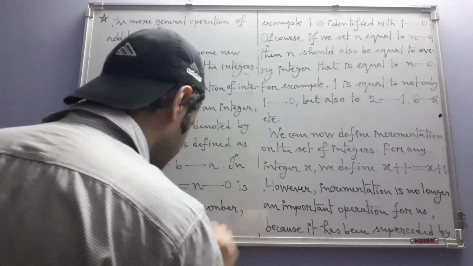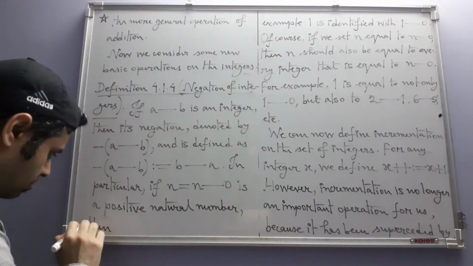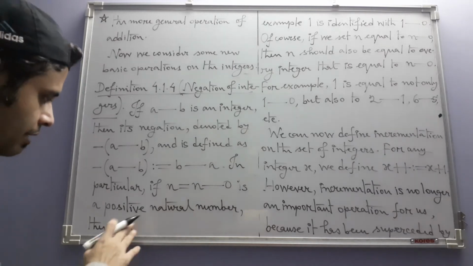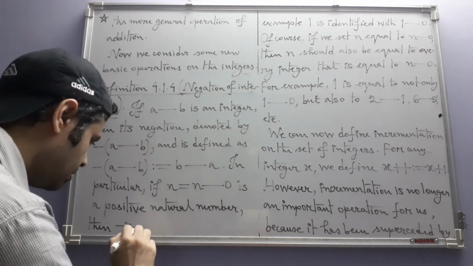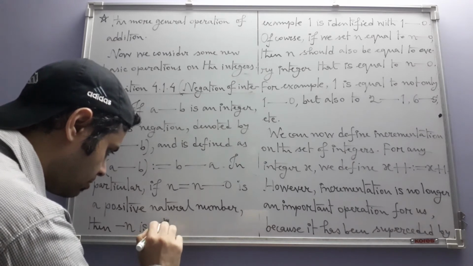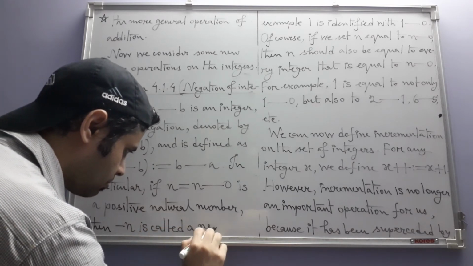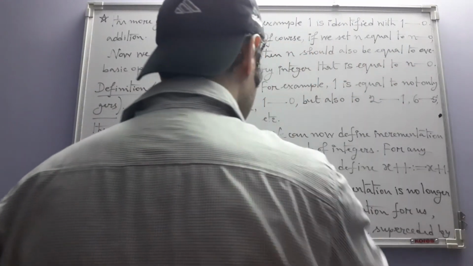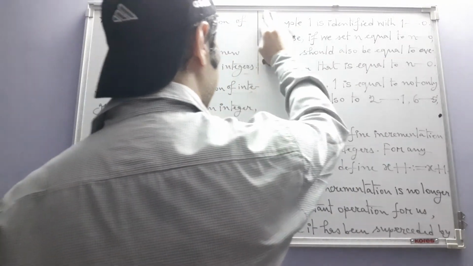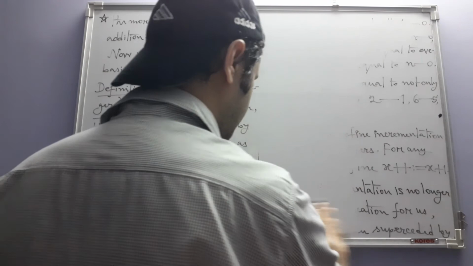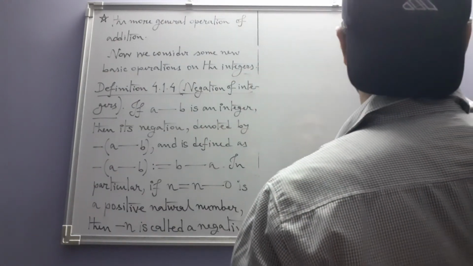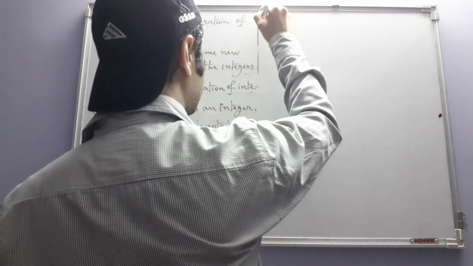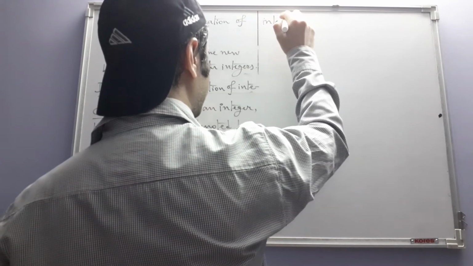Then minus n will be 0—n, that we already know from this definition, but this is called a negative integer. Don't write negative natural number, okay, natural numbers are not negative. It is called a negative integer.